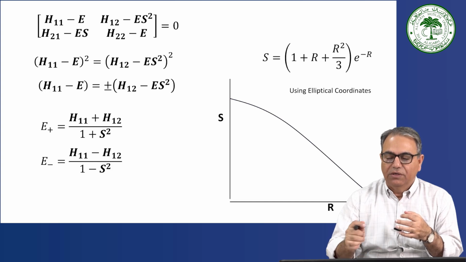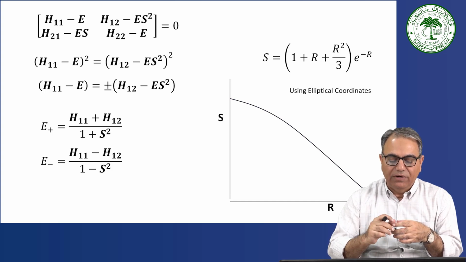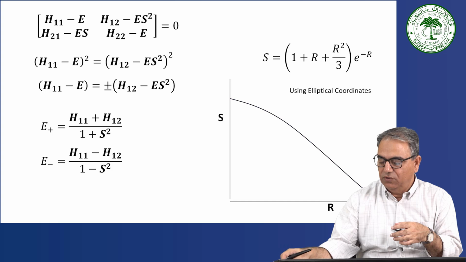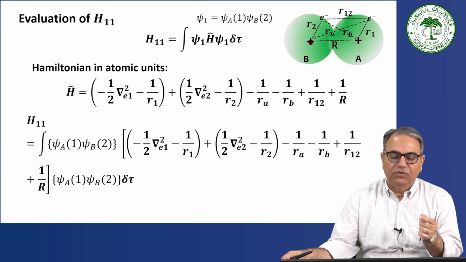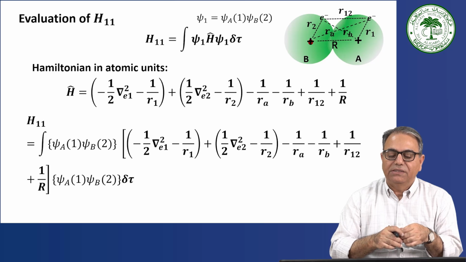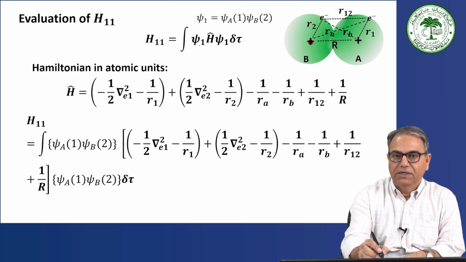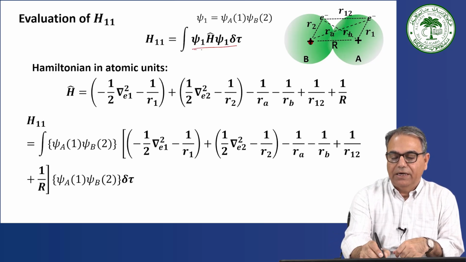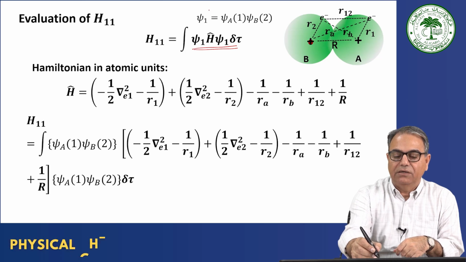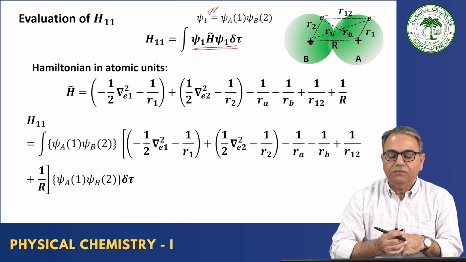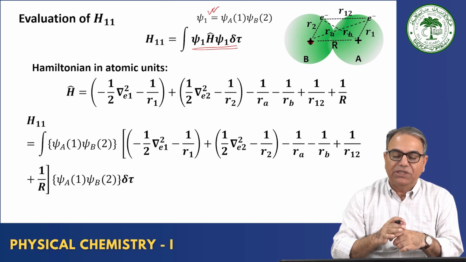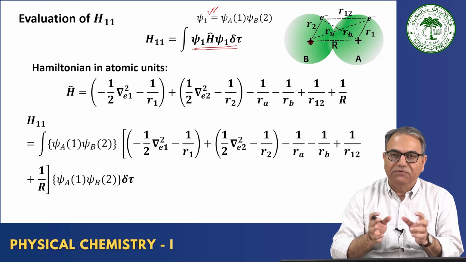The S value solution I have given you, and now I will show how to find the H11 value. H11 is again an integral: psi 1 H psi 1 d tau, and psi 1 is again the Heitler-London wave function. I said it's psi A1, psi B2, and the other one, psi 2, will be psi A2, psi B1. So electron exchange takes place with the nucleus in writing the psi 2 value.